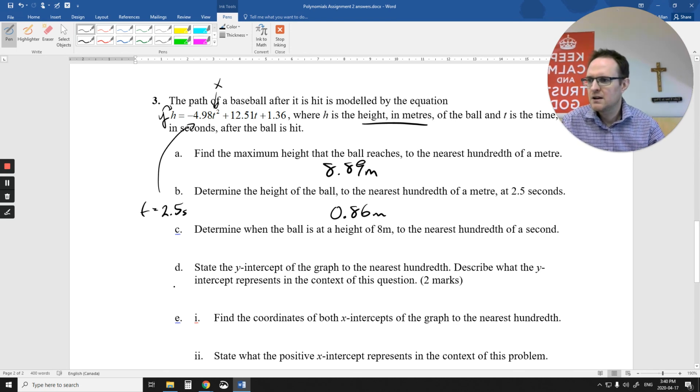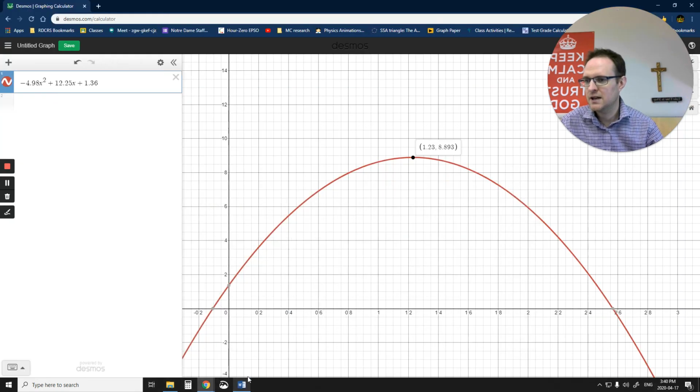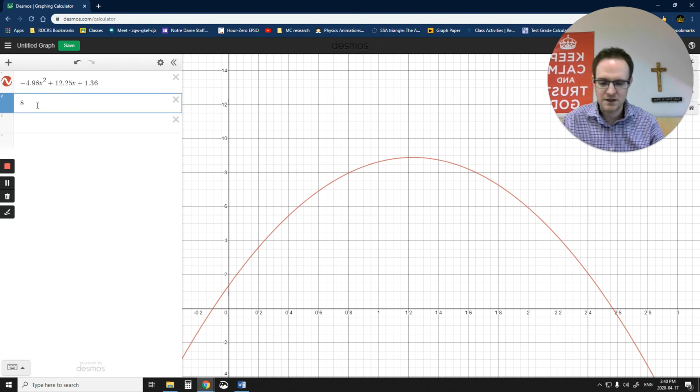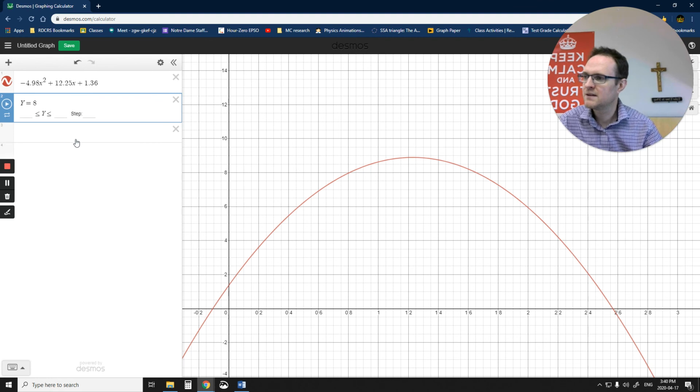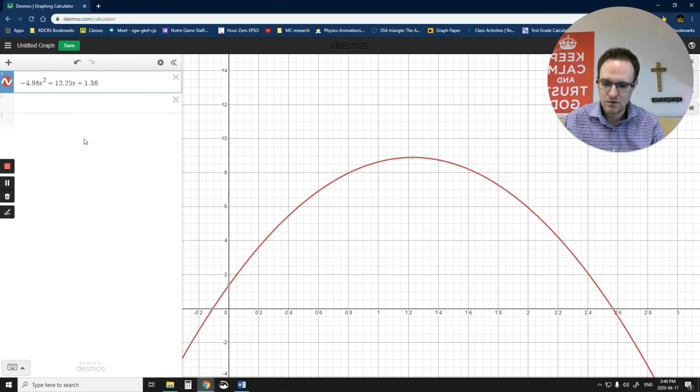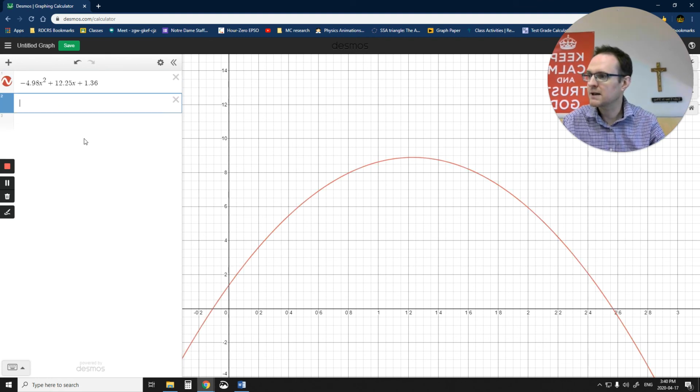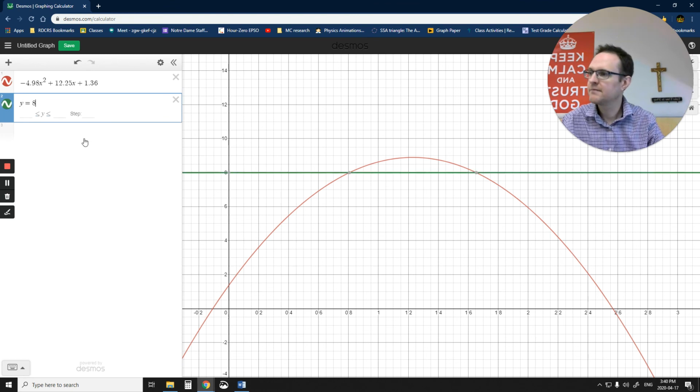Determine when the ball is at a height of 8 meters. This is going to be a bit trickier, so I'm just going to put 8 here. Y is equal to 8, sorry, I have my caps lock on.